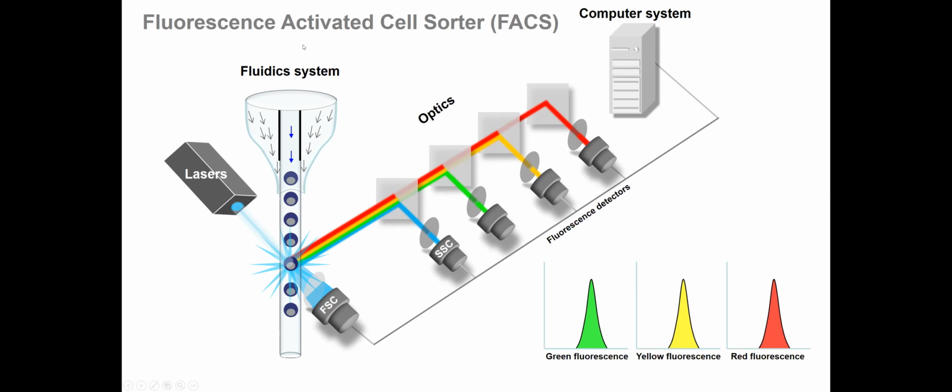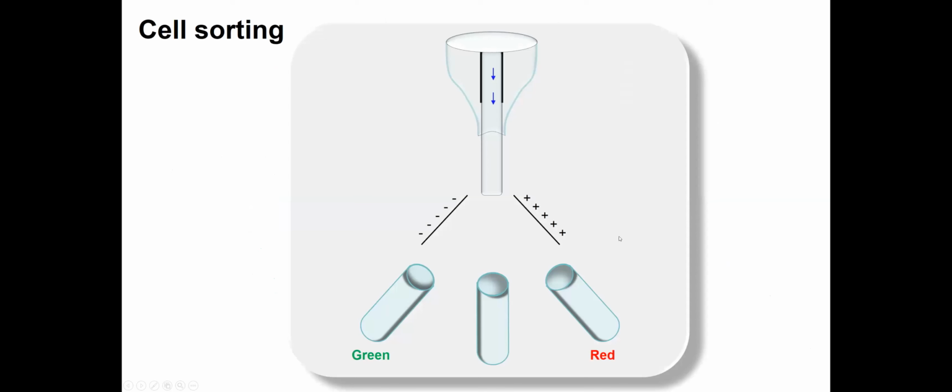FACS is a fluorescence activated cell sorter. This is a kind of flow cytometry, but which is further facilitated by these fluorescence signals. Now you can count how many CD4 cells, how many CD8 cells, not only for the counting, you can even utilize these signals. If it's a green signal, you can change the voltage. Then you can collect green cells, or you can collect red cells on the opposite side.